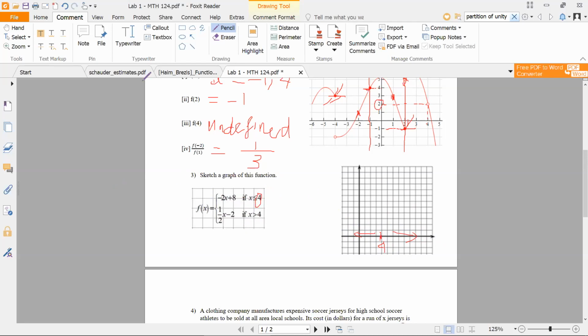So what is the graph for the first piece, x less than 4? The function is given by negative 2x plus 8. So this is negative 2x plus 8 in this portion, right? In this portion, a half of the plane, this is negative 2x plus 8. So now we need to draw it. How do you draw a linear graph like this?